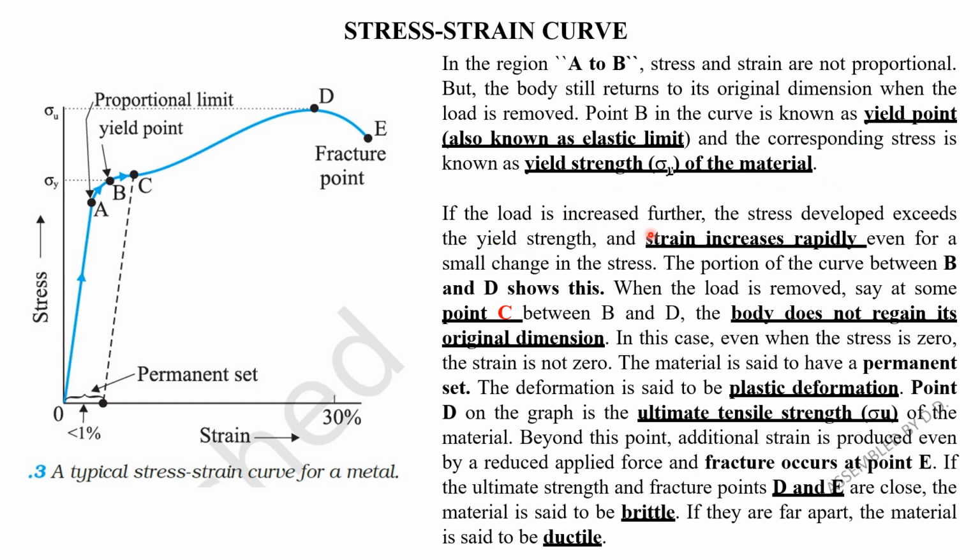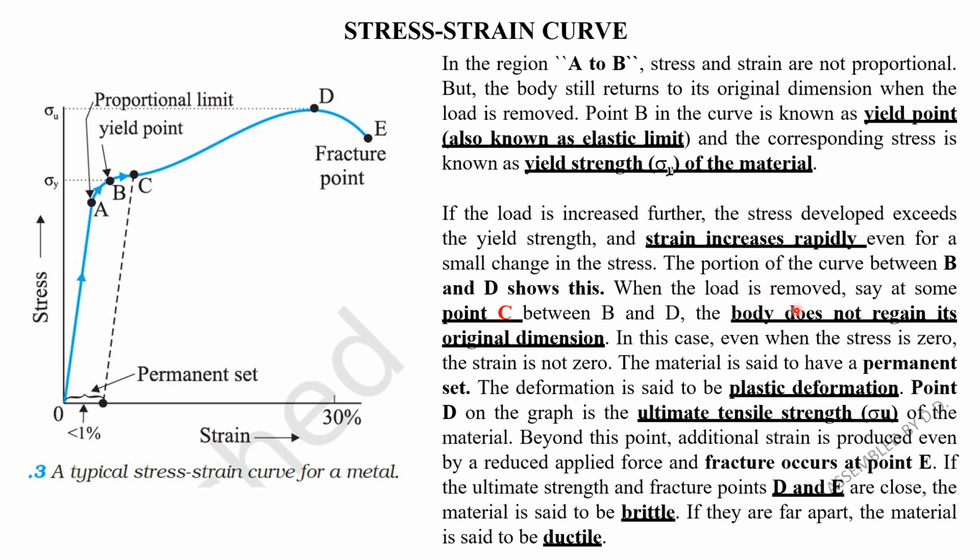If the load is increased further, the stress developed exceeds the yield strength and strain increases rapidly, even for a small change in the stress. The portion of the curve between B and D shows this. B to D, the strain increases.